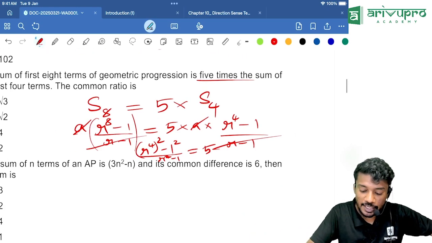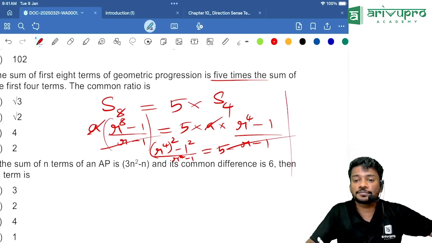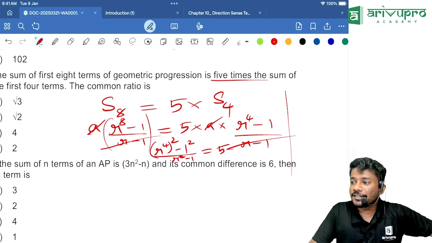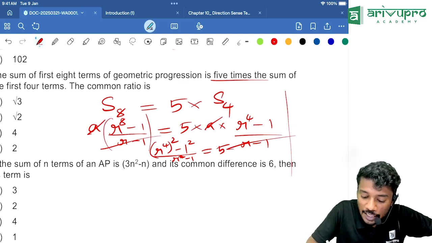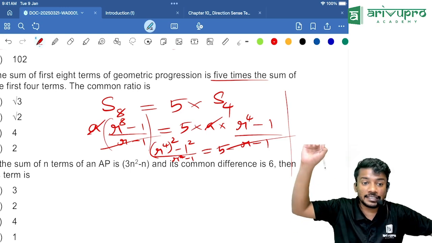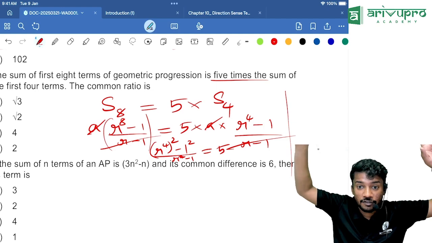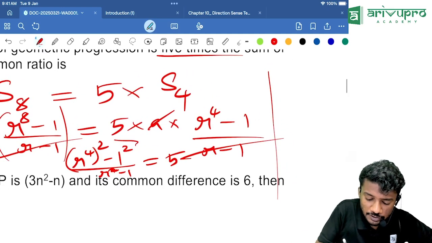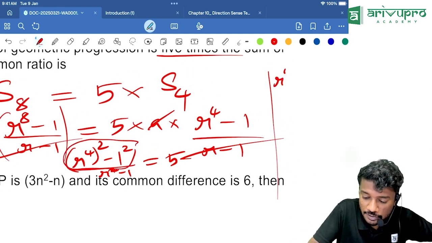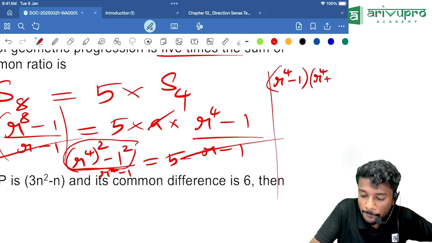Now my question is, A square minus B square is how much? A plus B into A minus B. So R raised to 4 minus 1 and R raised to 4 minus 1 will cancel off. How will you write this? You can write it as R raised to 4 minus 1 into R raised to 4 plus 1.